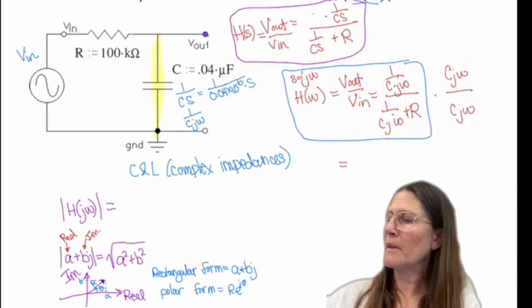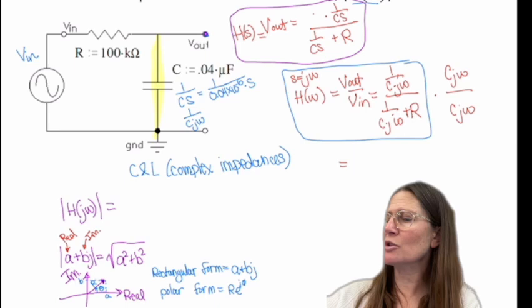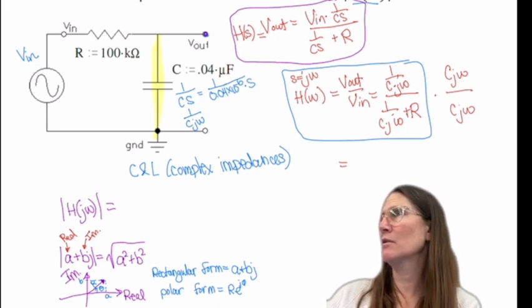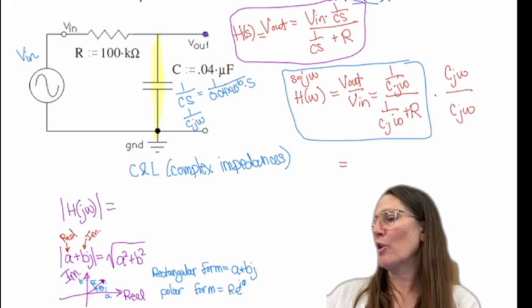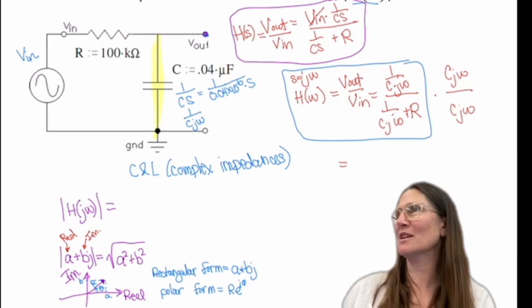Okay, so V out was originally Vn times this, right? So I can, oh, I see. So you just divided it over. Okay, thank you. So I just take it from that side and divide it over. I see. Okay, thanks.